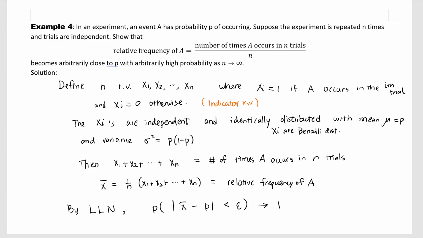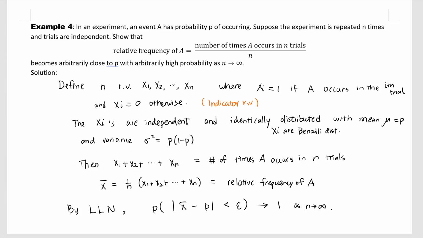How large? It goes to 1 as n goes to infinity. This shows that the relative frequency, which is x bar, becomes arbitrarily close to P with arbitrarily high probability as n goes to infinity. So this is exactly what we have shown.